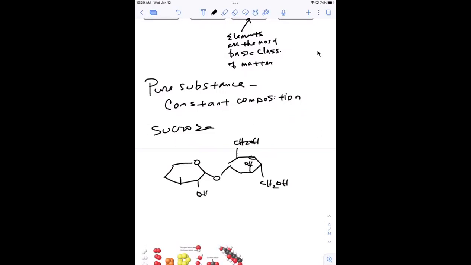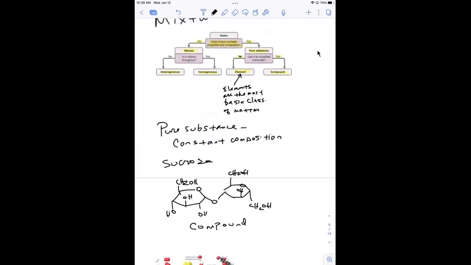OH, OH, OH. So this compound, that's what this is, because it's a pure substance, it has a constant composition, and what I mean by composition is the atoms that make it up.